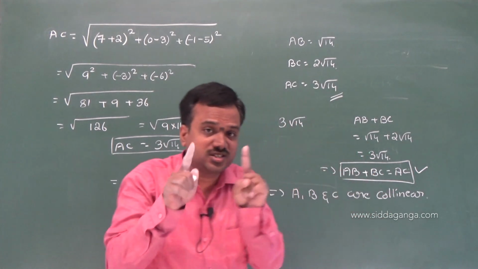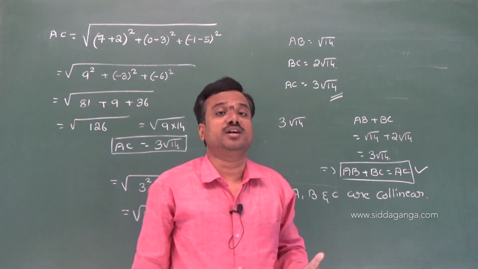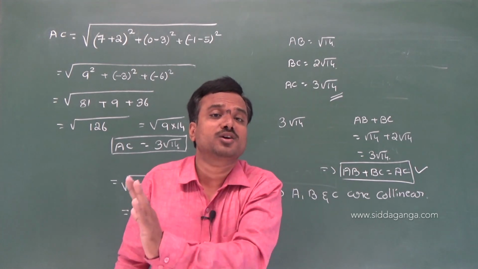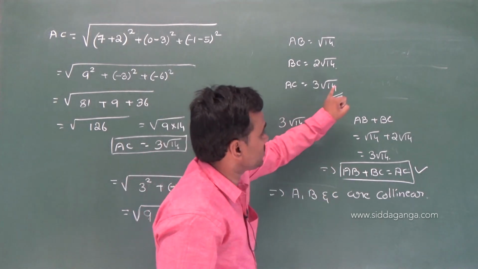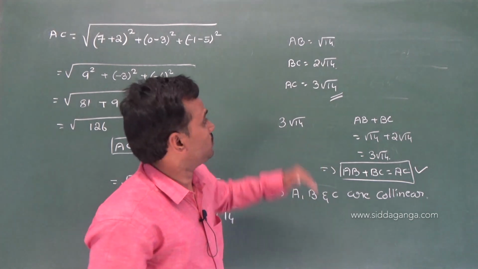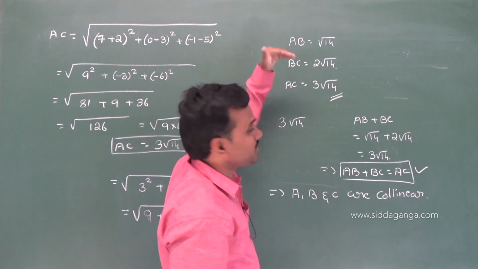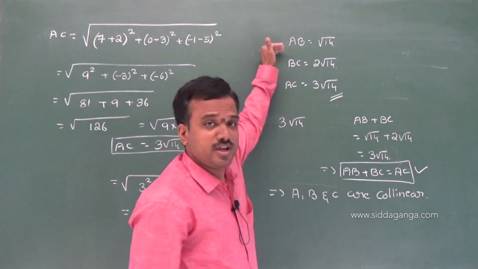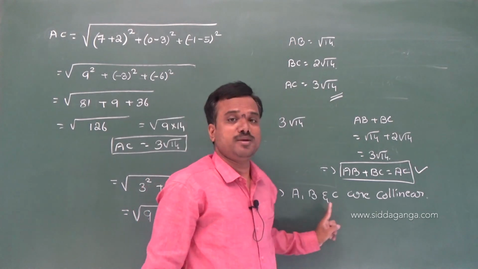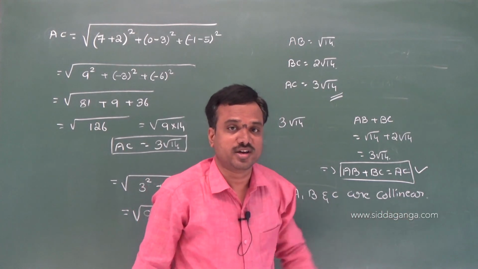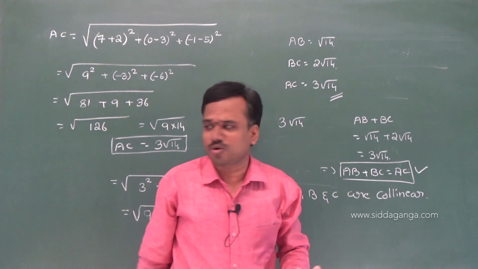If that condition is satisfied, we say the given 3 points are collinear. Here AC is 3 root 14, the highest value. It is equal to the sum of AB plus BC. Hence, A, B and C are collinear. Understand? We solve one more problem.